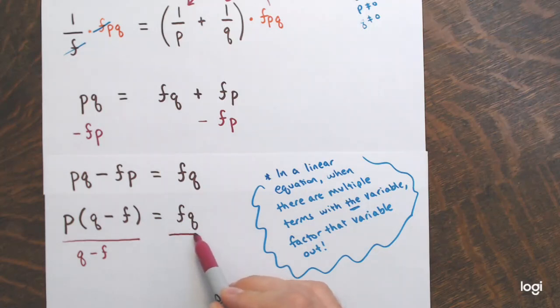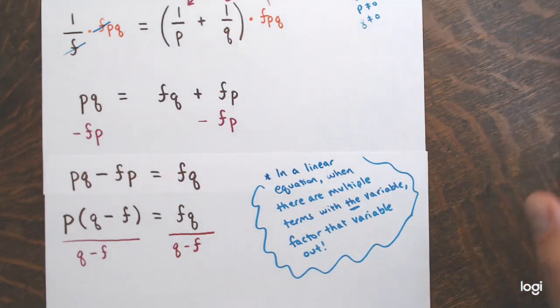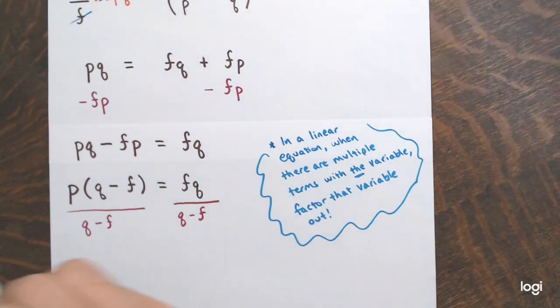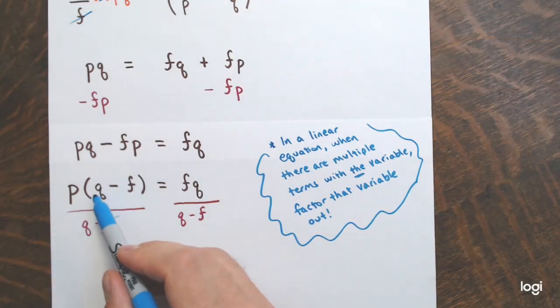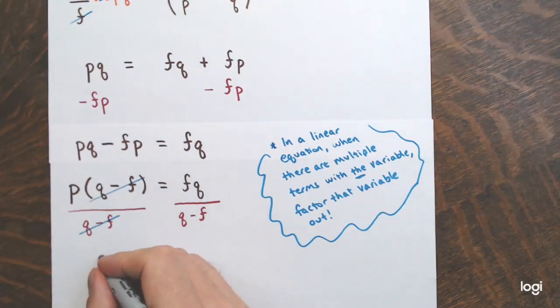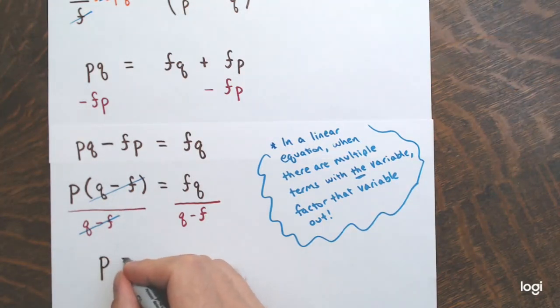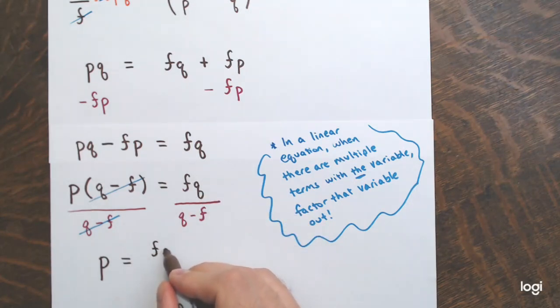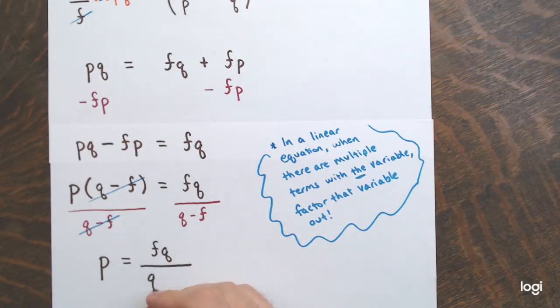And then same thing on the other side, divide that fq by q minus f, and then we're done. You see now there's a q minus f factor over here, they cancel, and I'm left with p on the left side all by itself equals this fraction where the numerator is f times q and the denominator is q minus f.